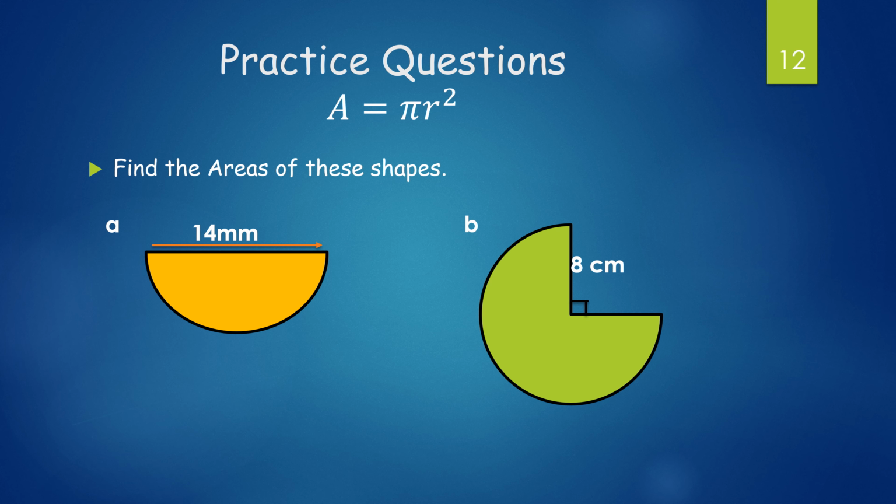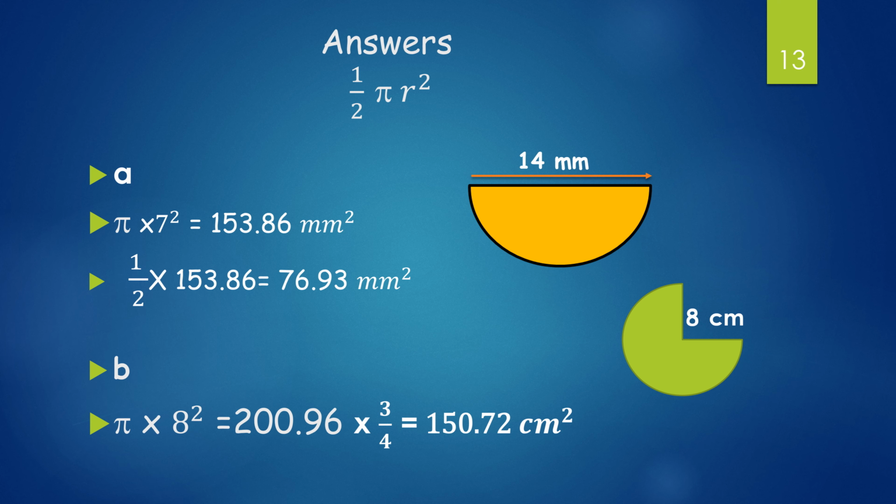More examples? You can pause the video and work yourself, but let's do it together. Here we've got a semicircle and the diameter is 14 millimeters. So what do we need? We need radius. You need to half it. Half of 14, it's 7.